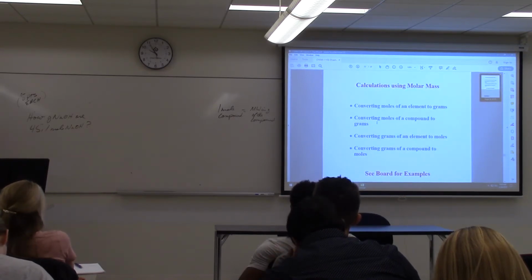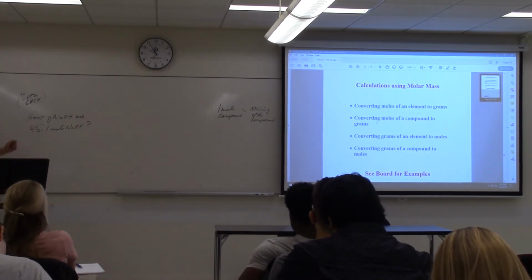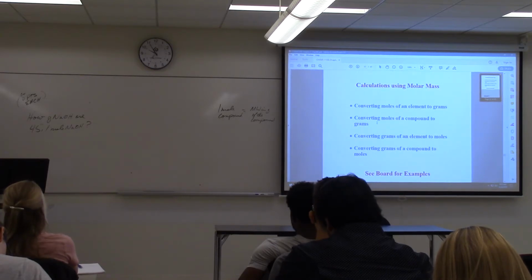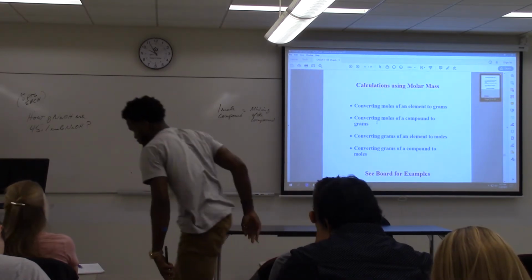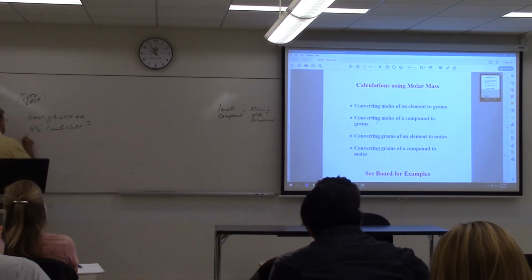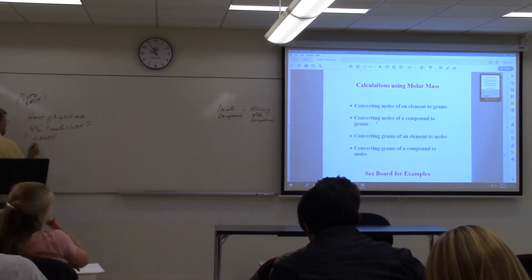All right, let's go ahead and do this. I think everybody's done. The first question you should ask is, what am I being asked to find, unit-wise? And the question is, how many grams of sodium hydroxide are 45.1 moles of sodium hydroxide? So we're trying to find grams of sodium hydroxide. What are we given?